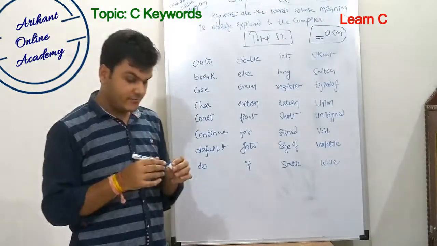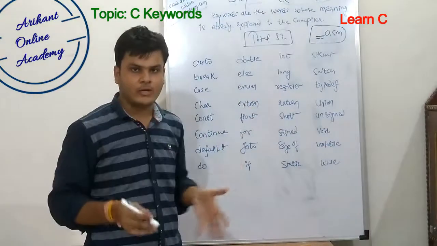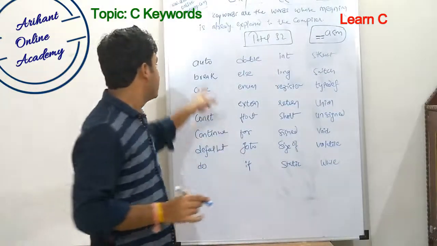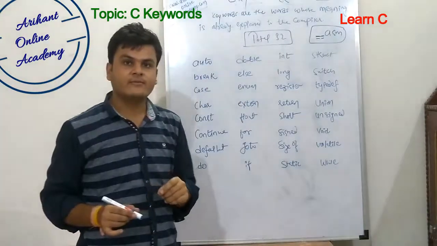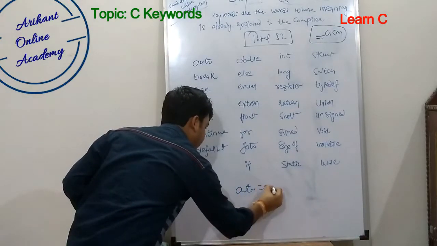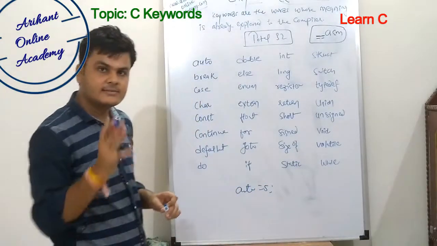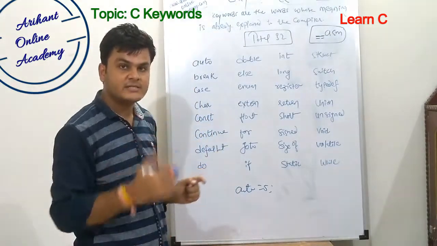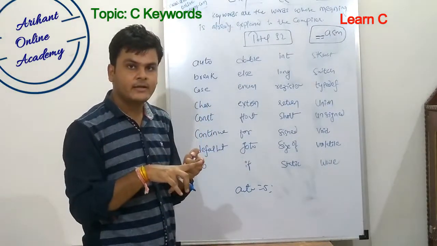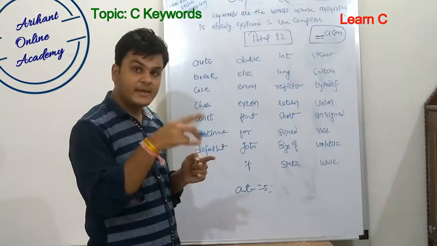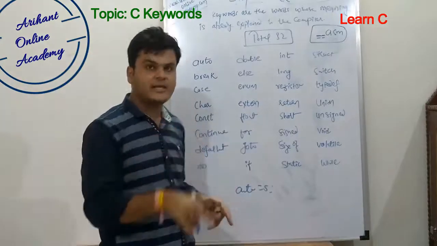Now, if you are using any variable in your program, and you give the variable the name auto, suppose auto equals 5, then I suggest you don't use reserved words, because they are already reserved. At compilation time it may create an error. Even if it passes compilation, it may create an error in execution time as well.